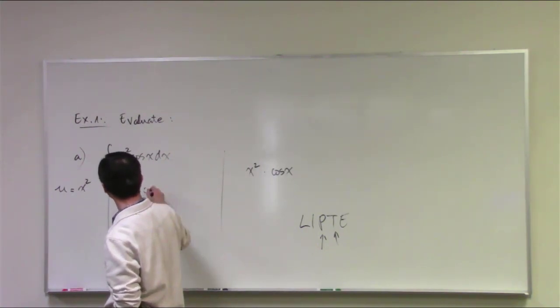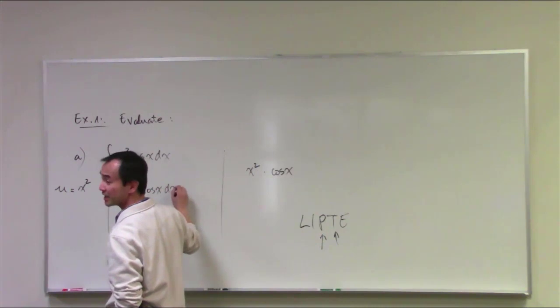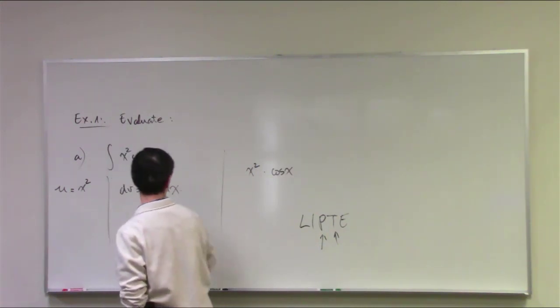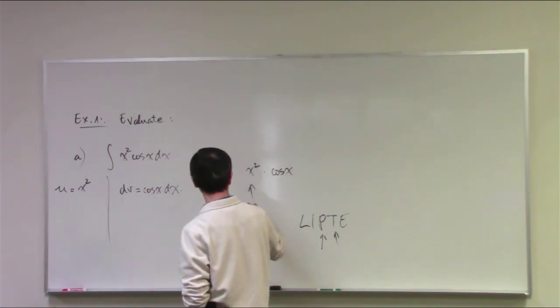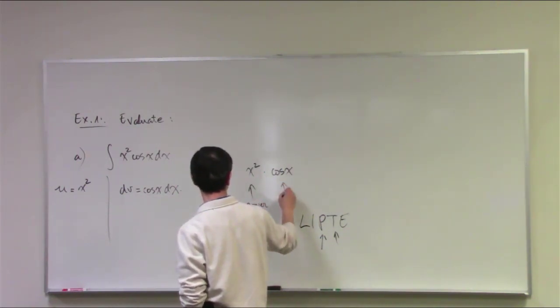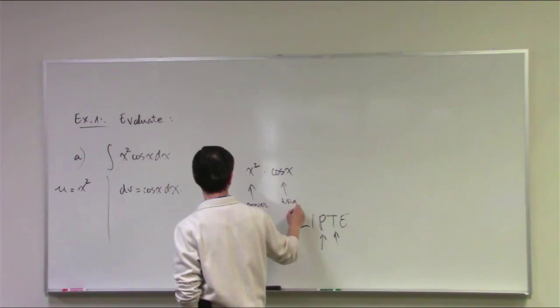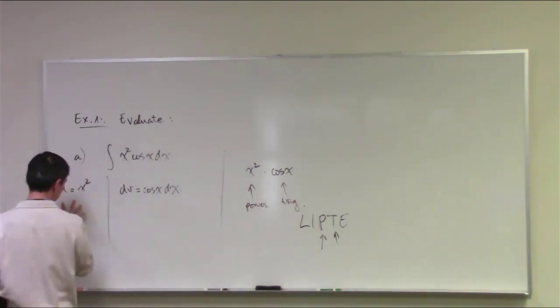Now my dv is cosine of x times dx. Okay, good? So this is power, this is trig. There you go.